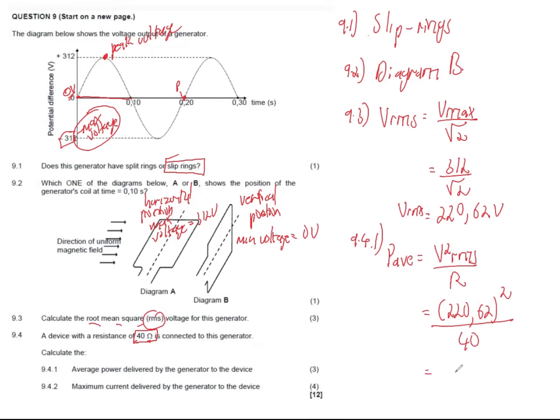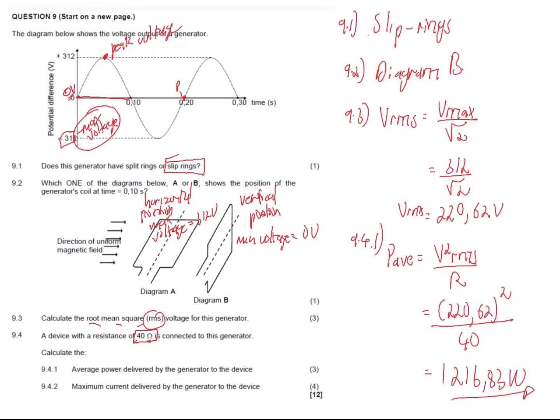So 220.62 squared divided by 40 is going to give us 1,216.83 watts, right? So there we go.